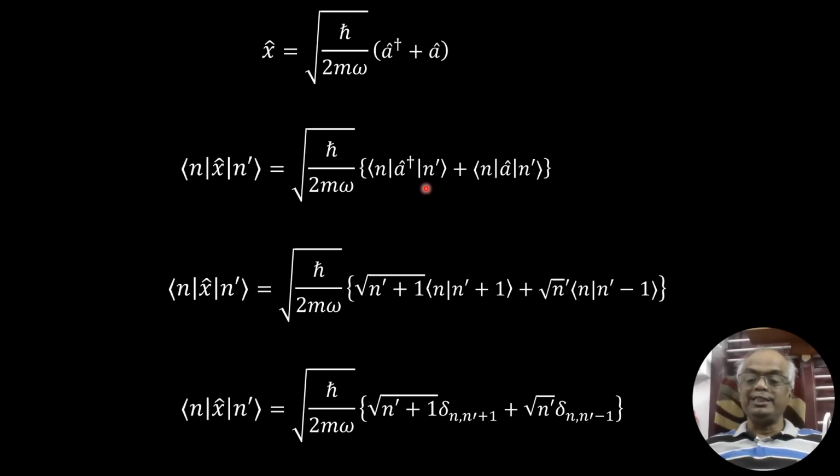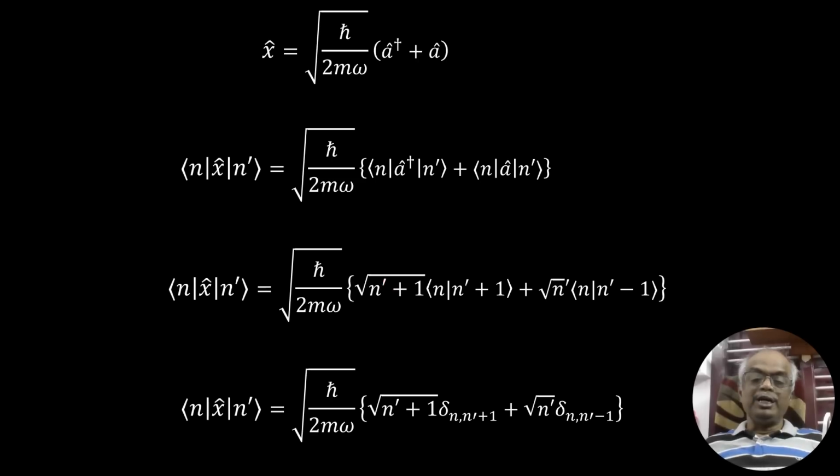We have seen in the theoretical lecture that when the creation operator a dagger acts on n prime, it increases the energy state by 1, that is n prime plus 1, with the coefficient square root of n prime plus 1. When the annihilation operator acts on n prime, it reduces the energy state by 1, that is n prime minus 1, with coefficient square root of n prime.